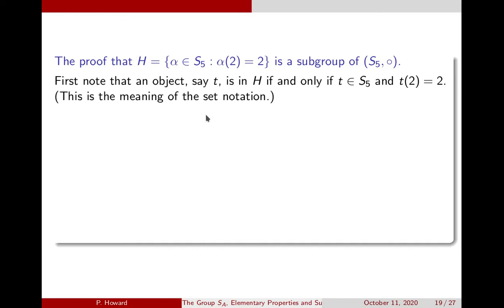This is the meaning of the set notation. When a set is described in this way, it means that an object is in it if and only if the object is in S5 and T of 2 equals 2, if T is the object.